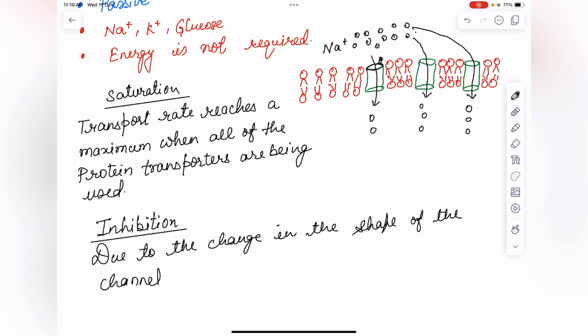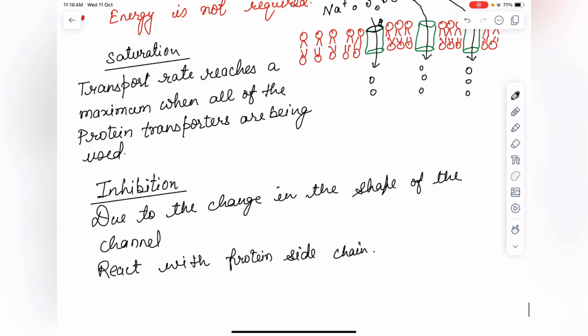Which react with protein side chains. The proteins form channels in the membrane for molecules to pass through. Some channels are always open, others can be controlled. Some channels क्या होंगे, वो open होंगे, and some channels are controlled.